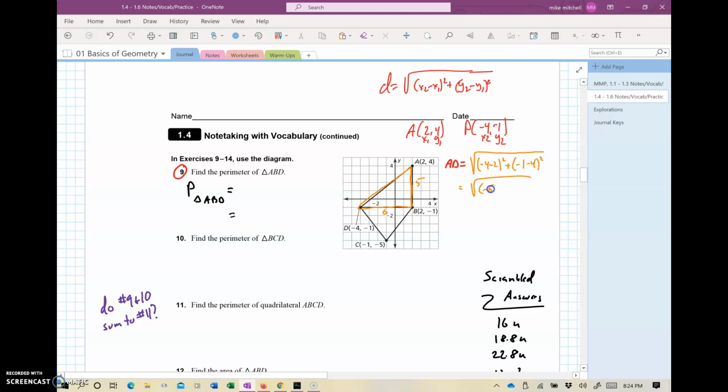That gives me negative 6 squared plus negative 5 squared, which equals 36 plus 25, which equals the square root of 61, which is approximately 7.8.